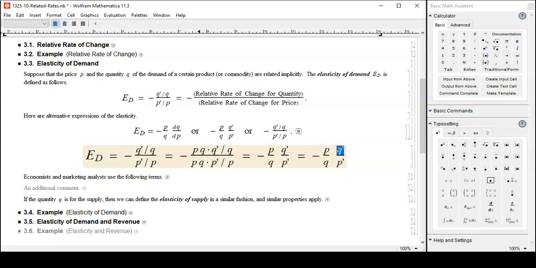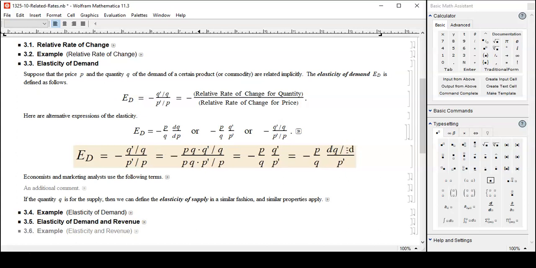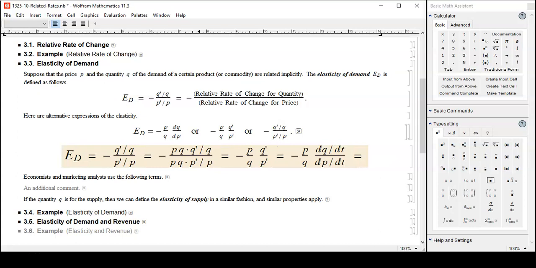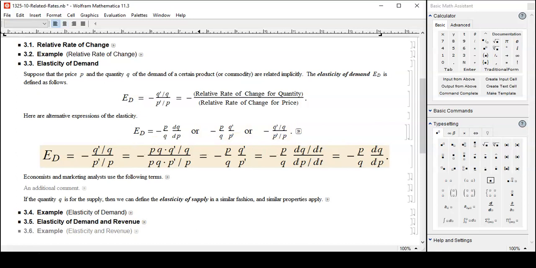in Leibniz notation. So instead of q prime, let's rewrite as dq/dt, and this one becomes dp/dt. Now, do you see a simplification here? This dt and this dt down here, they cross each other out, and what's left is, of course, the desired quantity here, the first expression. Do you see that?